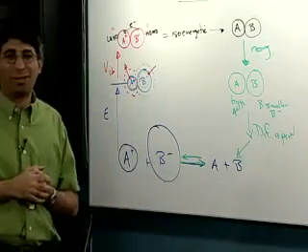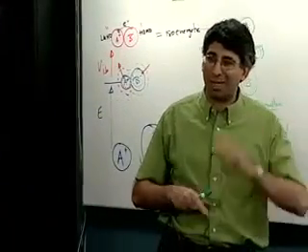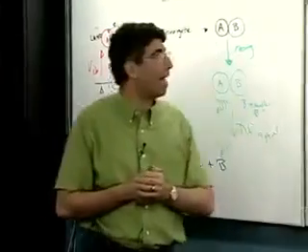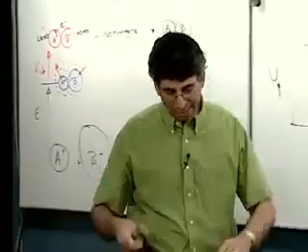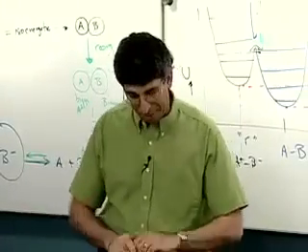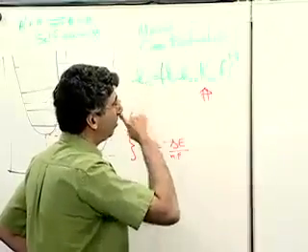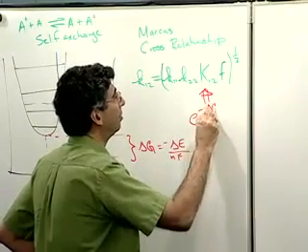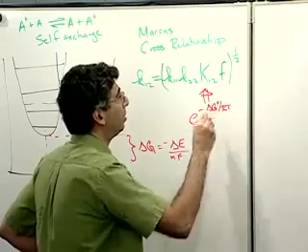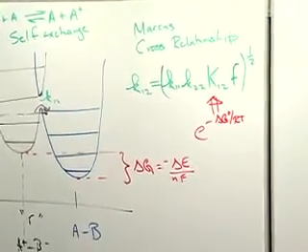Some horrible fate will befall you if you make a correlation between kinetics and thermodynamics like that. And here comes Marcus, and this is exactly, of course, what he does, because that equilibrium constant is a thermochemical parameter. We remember that that equilibrium constant is just e to the minus delta G naught divided by RT. And so there it is: the more negative the free energy, the faster the rate constant.